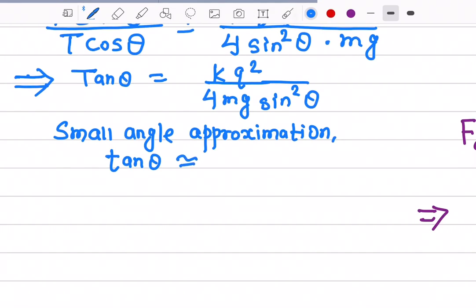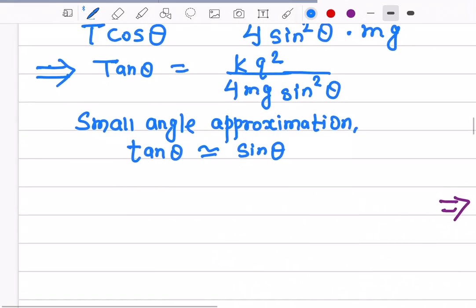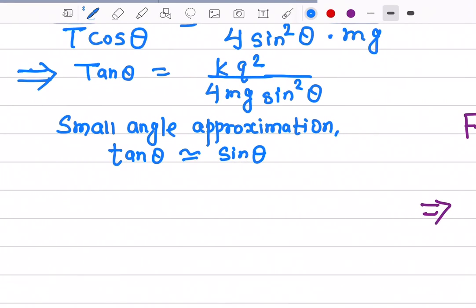If the angle is very small, then tangent theta is nearly equal to sine theta as well. So these two are nearly equal, and we can now simplify this one, equation 3.